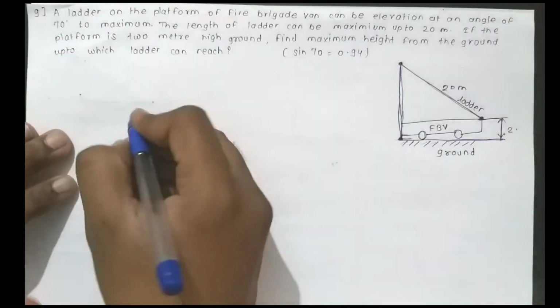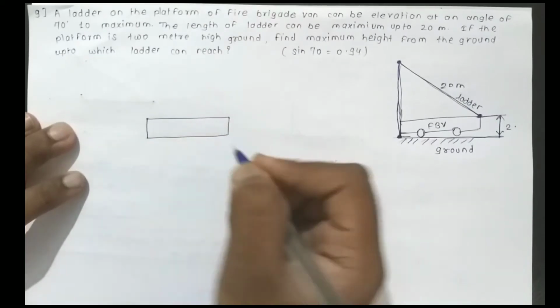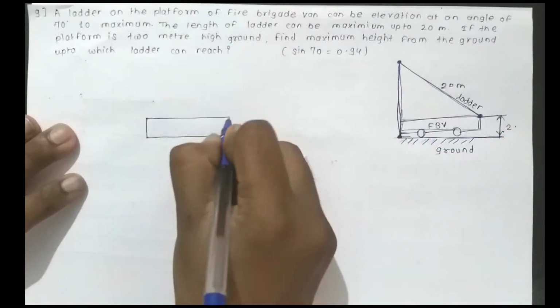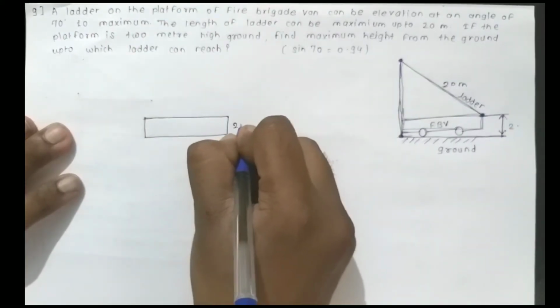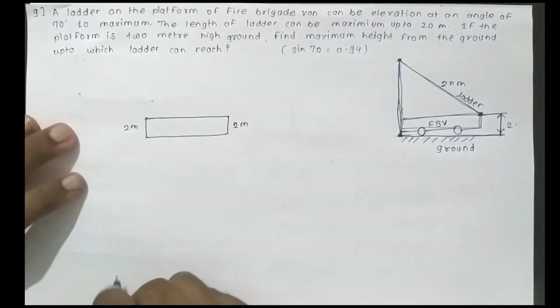We draw the figure then. Now first draw a rectangle for this fire brigade van and this platform is 2 meter high from the ground. So here is 2 meter, opposite side is also 2 meter.